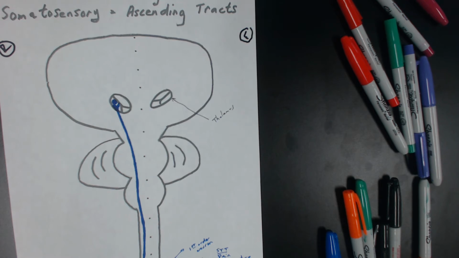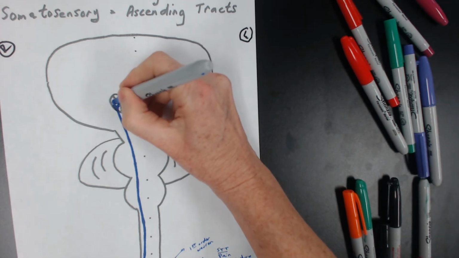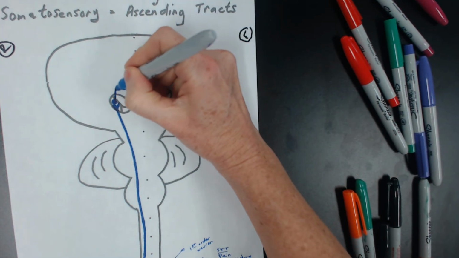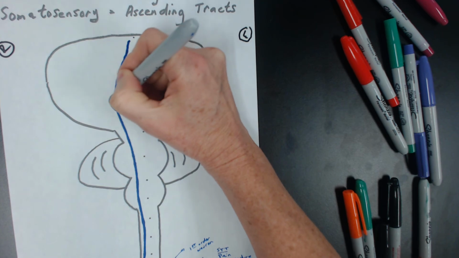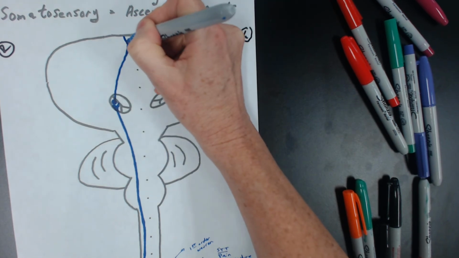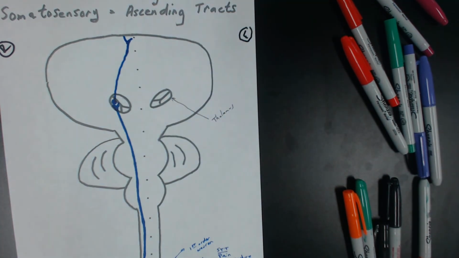And then your third order neuron, which is right here in the thalamus, sends out somatosensory information to somatosensory cortex. Okay, primary somatosensory cortex or postcentral gyrus. And that is STT in a nutshell.